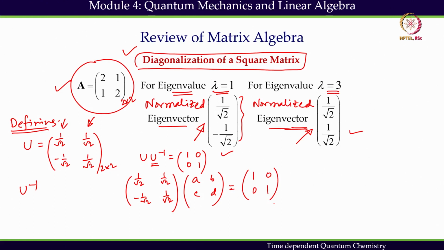So I have matrix multiplication again, and this multiplication can be done by A by root 2 plus C by root 2, then B by root 2 plus D by root 2, and there will be other elements.